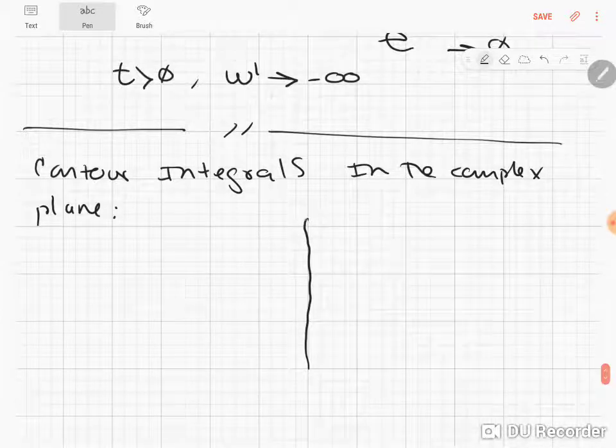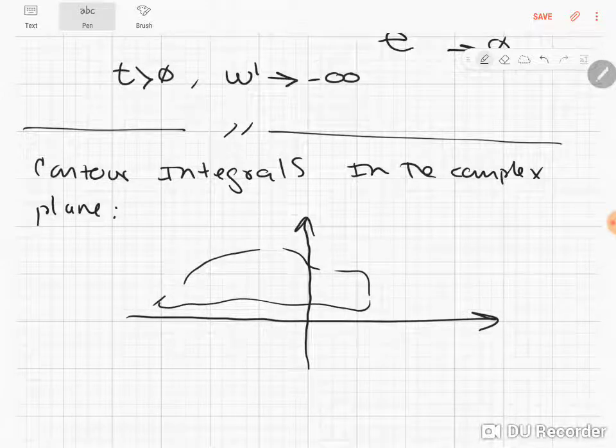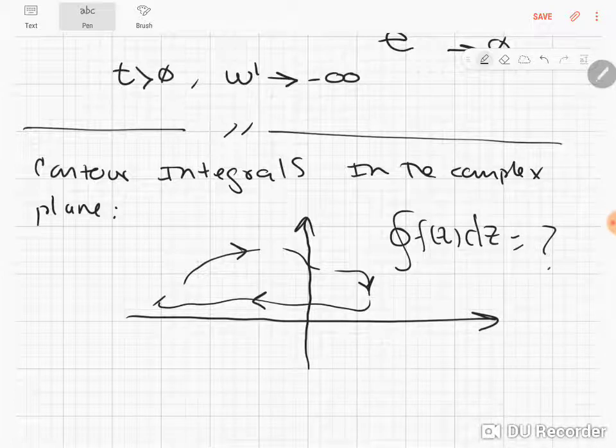So then if you have the complex plane here, for instance you can choose a path like this. And then in this path you calculate the integral over that closed path of just some function f of z dz. What is this?